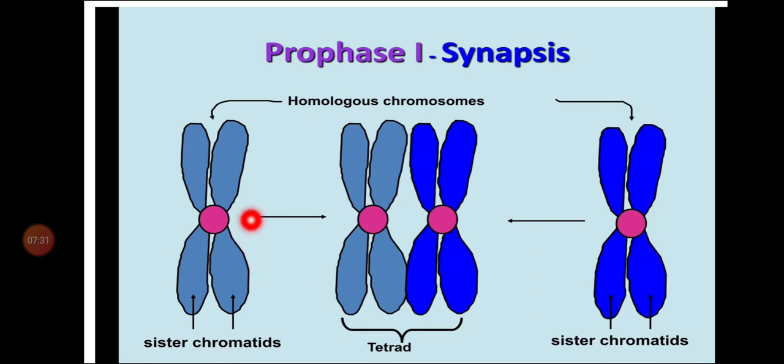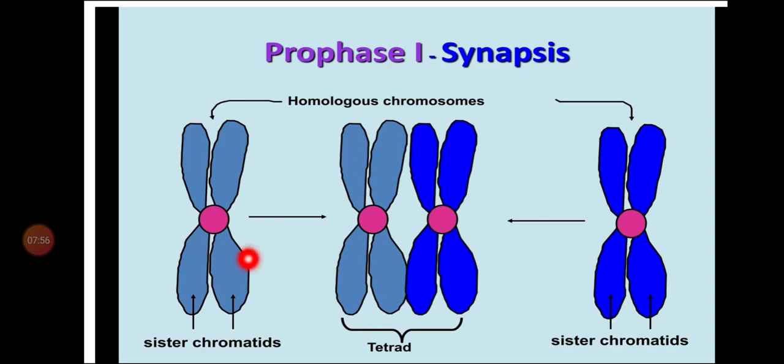And when the chromatids belong to different chromosomes, if this is one chromatid and this is another chromatid, then they are called non-sister chromatids.